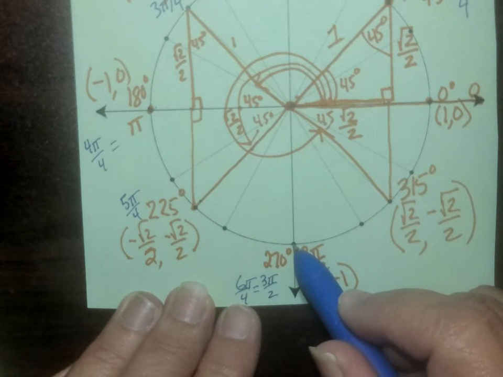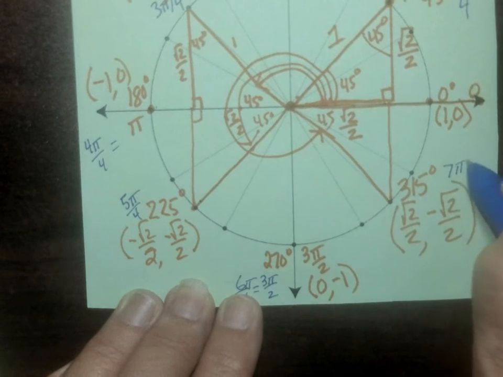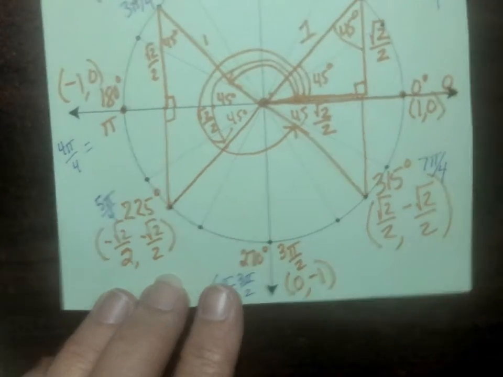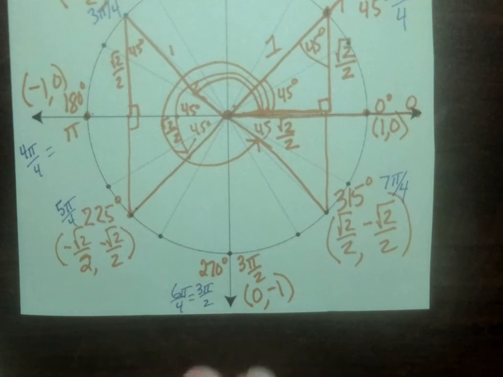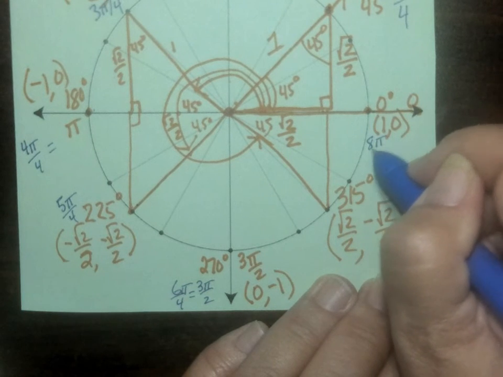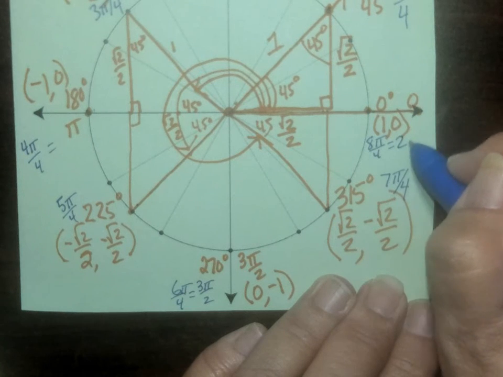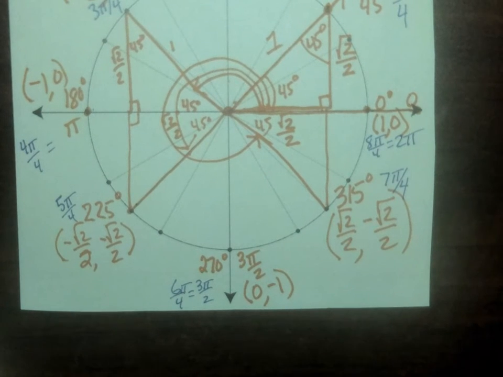And then one more, so this is 6 pi over 4, so this must be 7 pi over 4. And then when I get back around, I'll be at 8 pi over 4, but 8 pi over 4 is 2 pi. All the way around the unit circle.